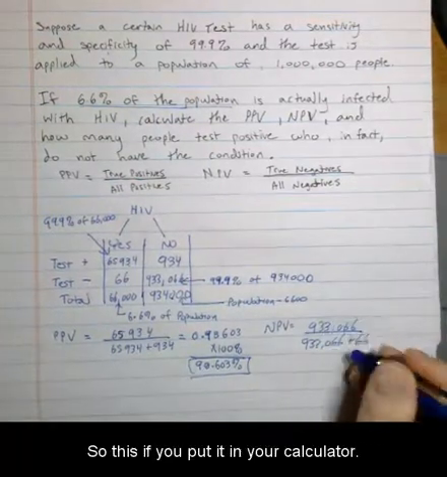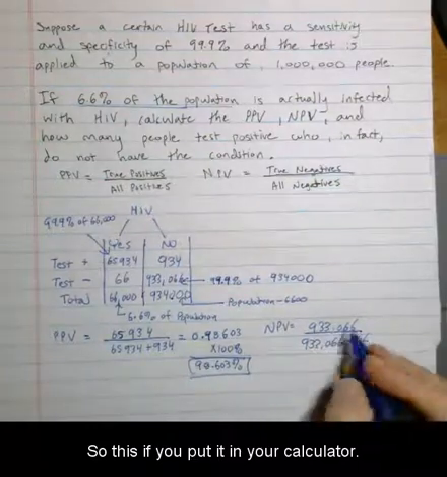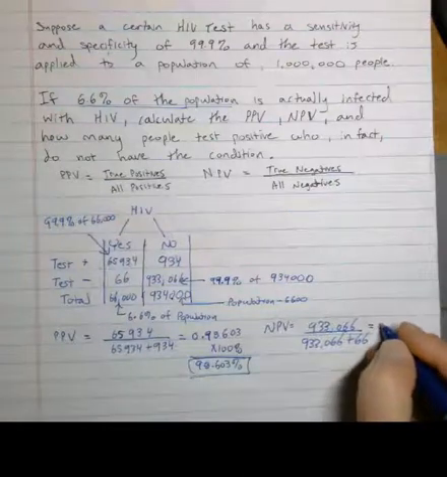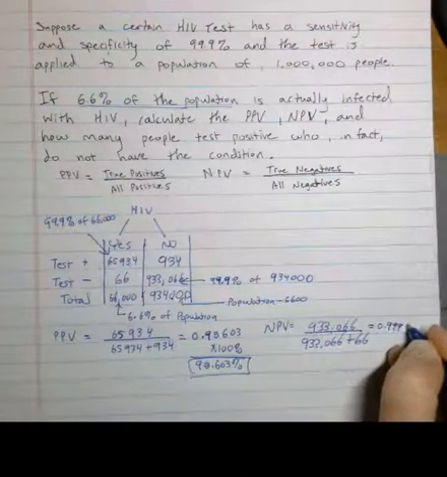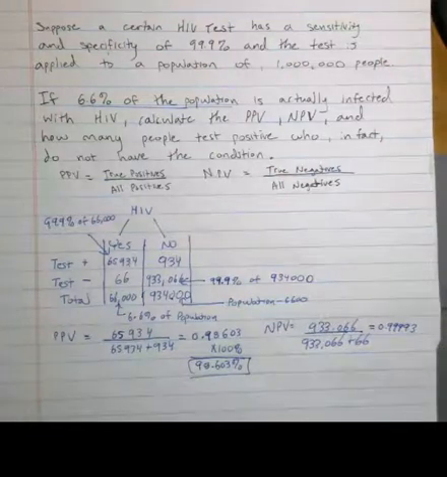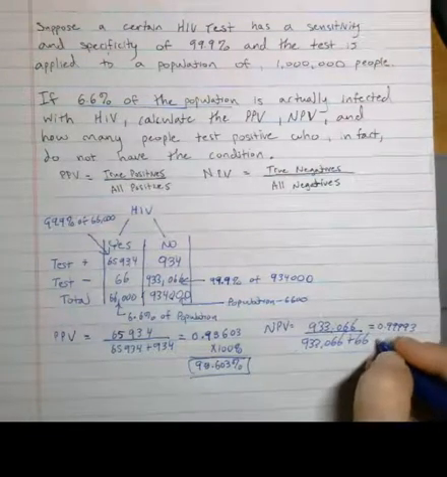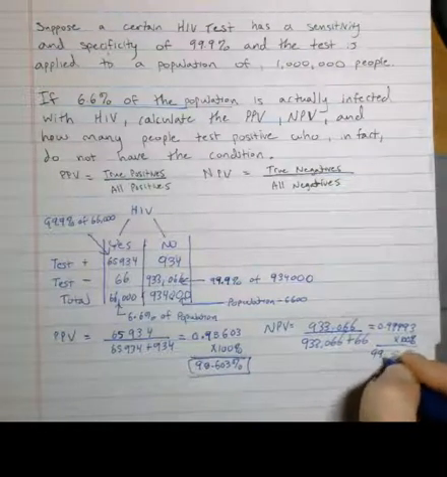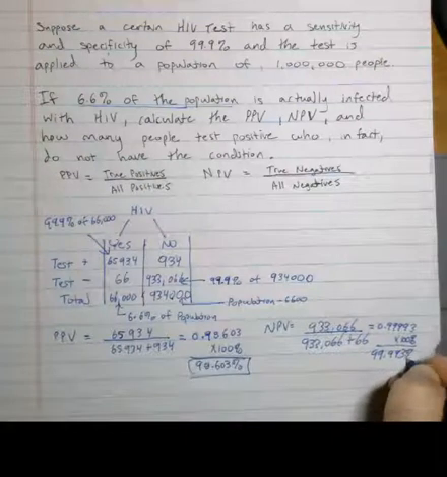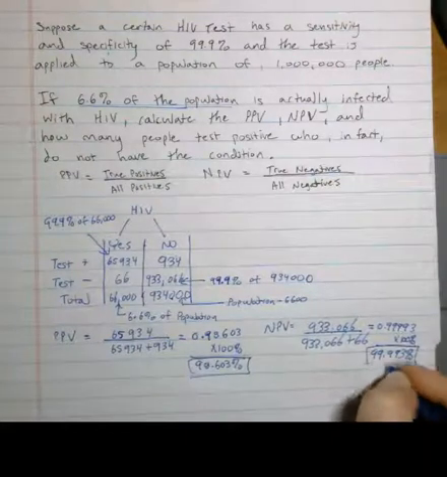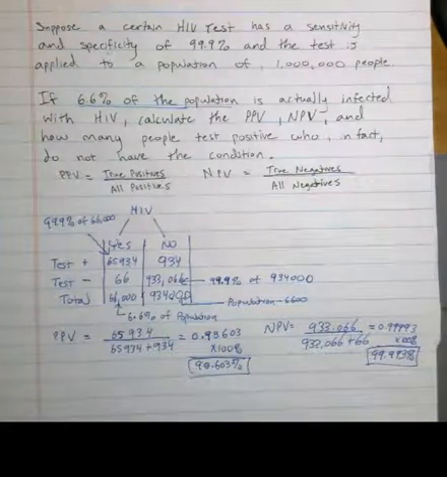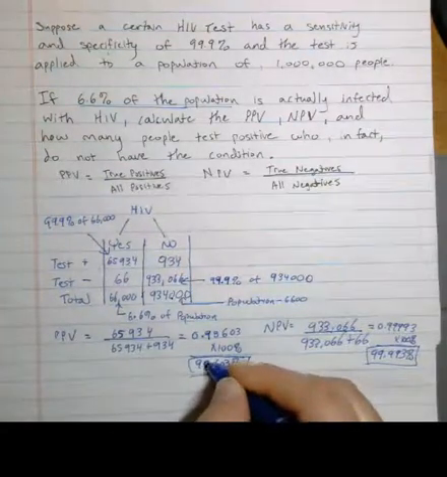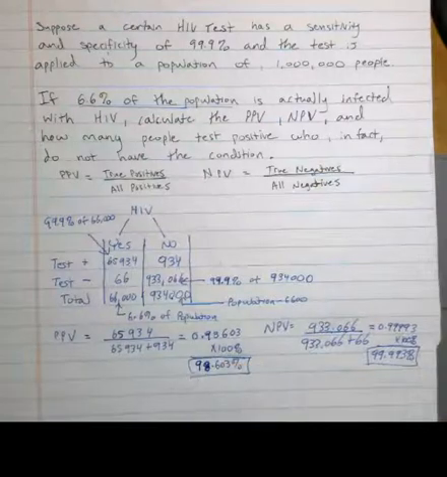If you put it in your calculator, you should get 0.99993, pretty close to 100%. We multiply by 100%, and we get 99.993%, pretty close to 100% for a negative predictive value. Both the values, the PPV and the NPV, are high percentages.